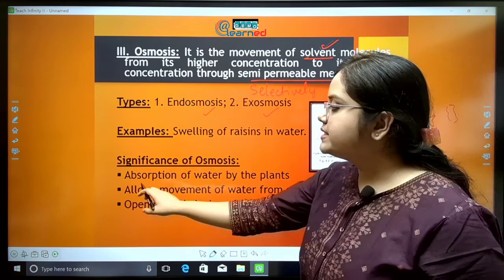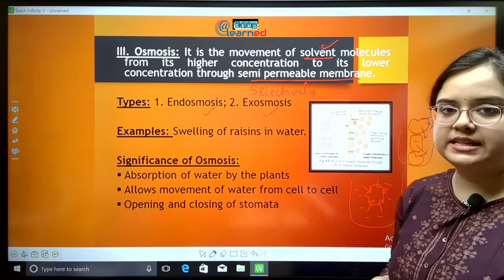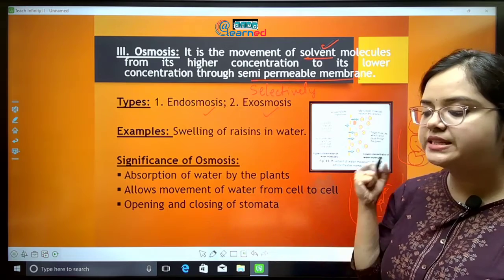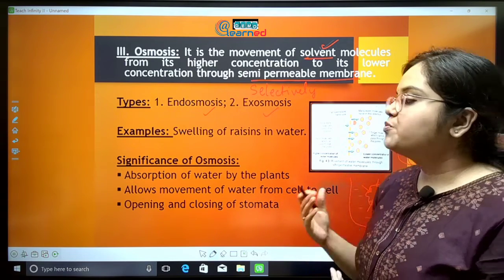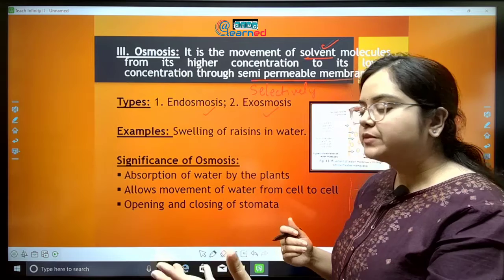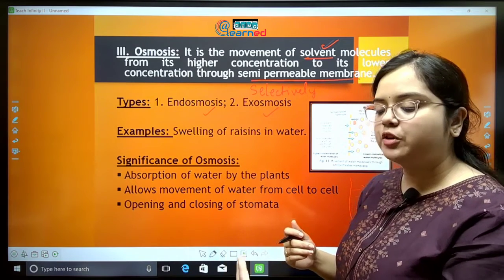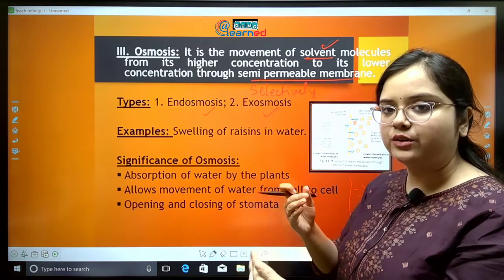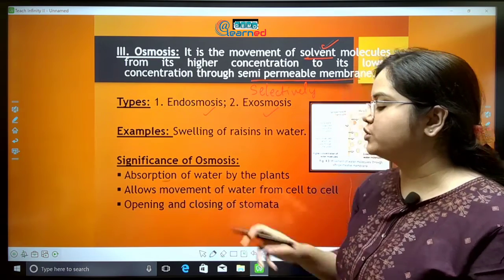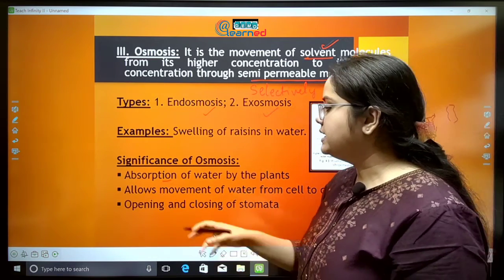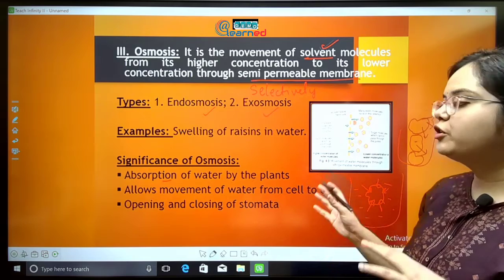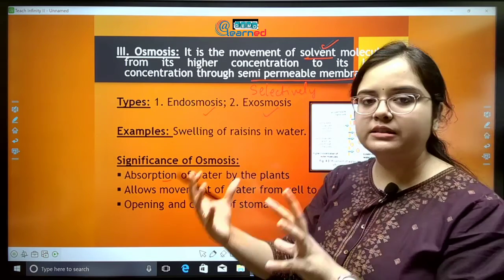Now what would you say is the significance of absorption of water by the plants? As water is being taken up, osmosis is happening from cell to cell, and even from the soil to the root cell. That water is being taken up by absorption, by osmosis. It also allows movement of water from one cell to another.